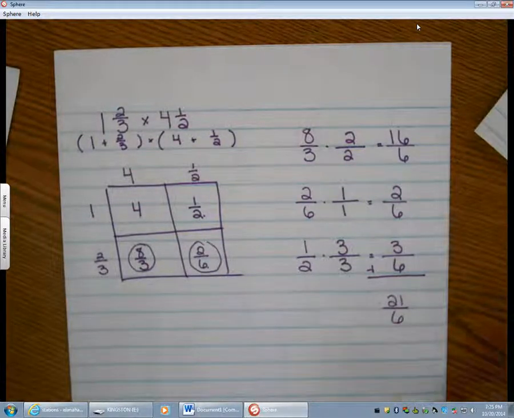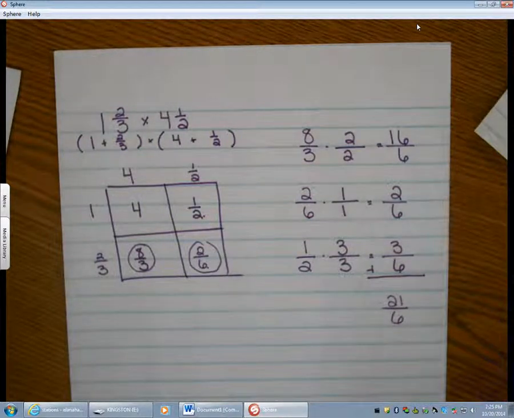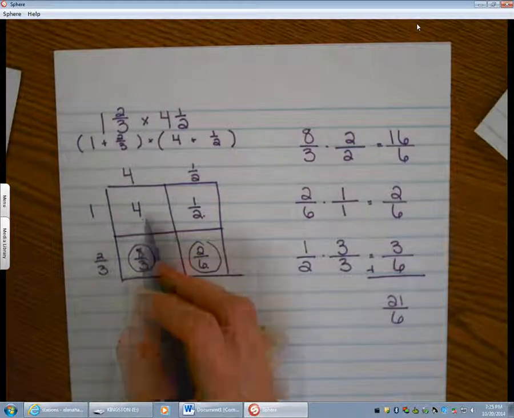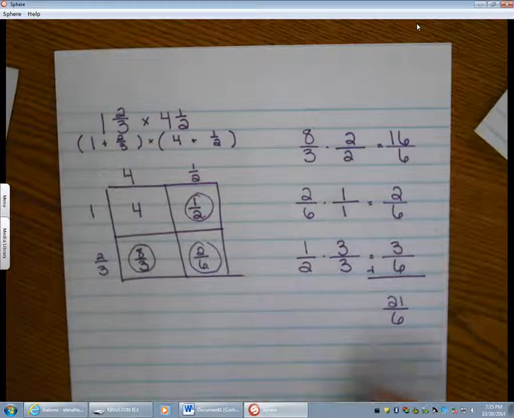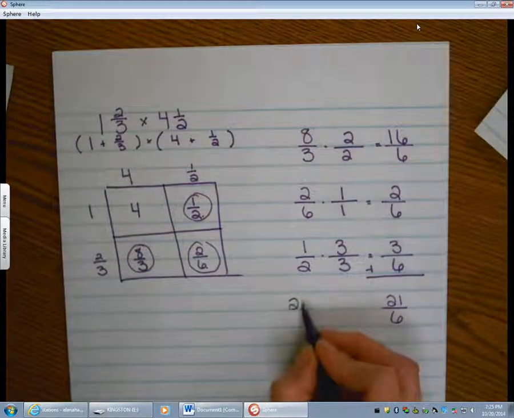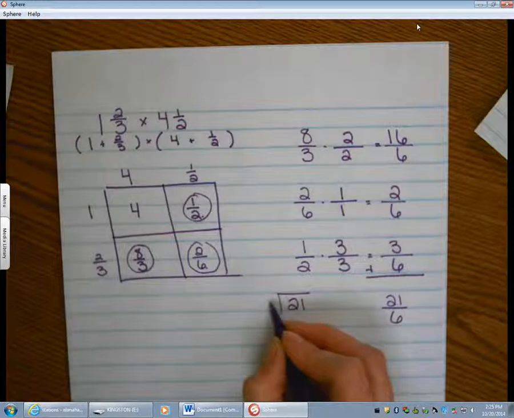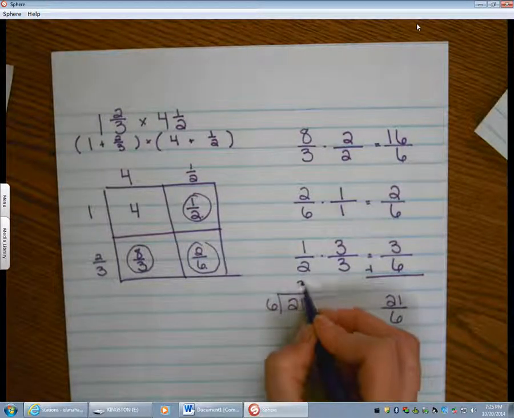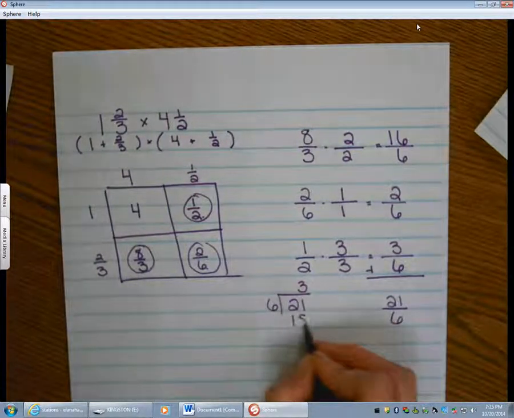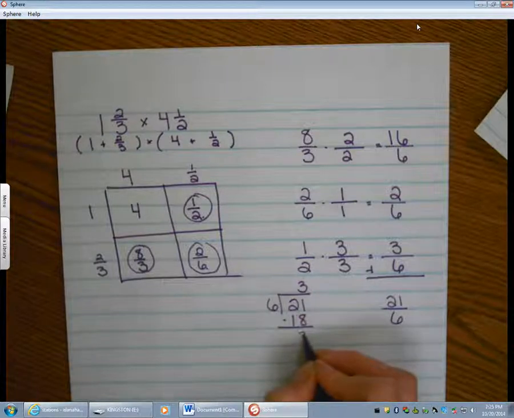So 21/6, that's an improper fraction once again. So I want to change that improper fraction before I can add on to my other whole number. So let's do 21 divided by 6. 6 times 3 is 18. And 3 left over.